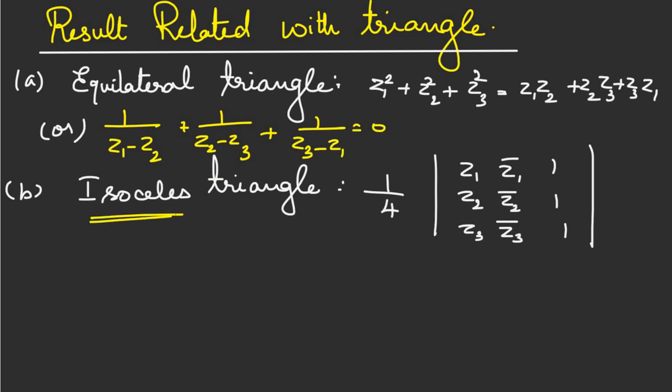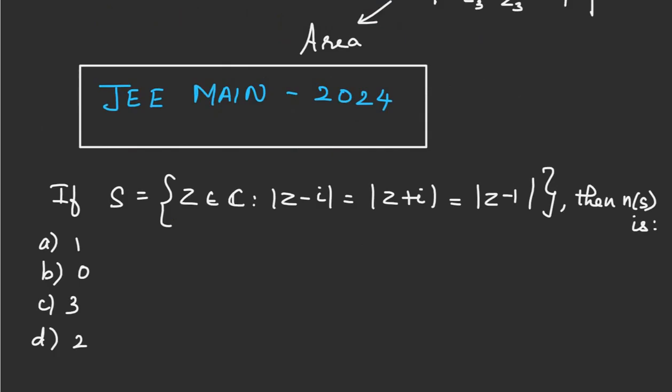The area of the triangle can be given by 1 by 4i times the determinant of z1, z1 bar, 1, z2, z2 bar, 1 and z3, z3 bar, 1. Next question. If S is the set of z belonging to the complex numbers such that modulus of z minus 0 is equal to modulus of z minus 1, this is the distance between the point z and 1, 0.